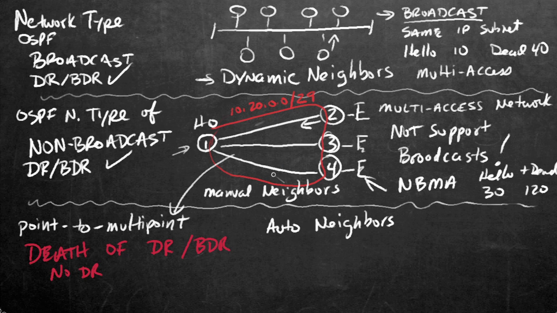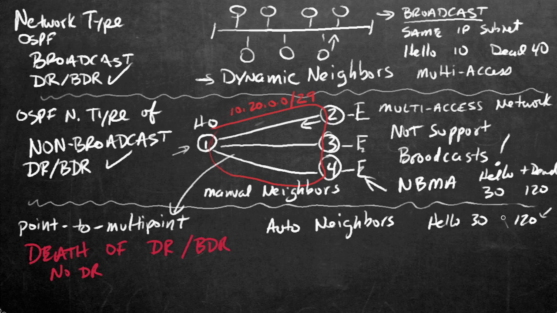You don't have to manually assign the neighbors, which is great. So dynamic neighbor discovery, the timers, the hello timer is 30, and the dead I think is 4 times that. So I think that's 120. We could just confirm that, but whatever it is, it's the same on both sides, and that's fantastic.